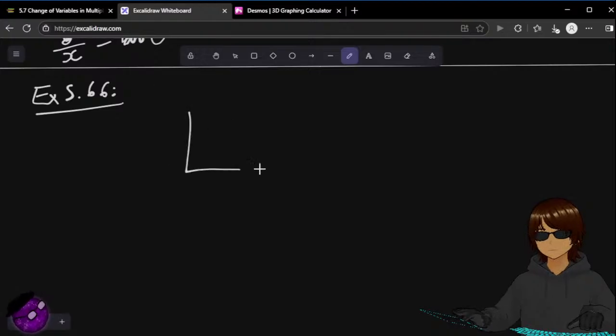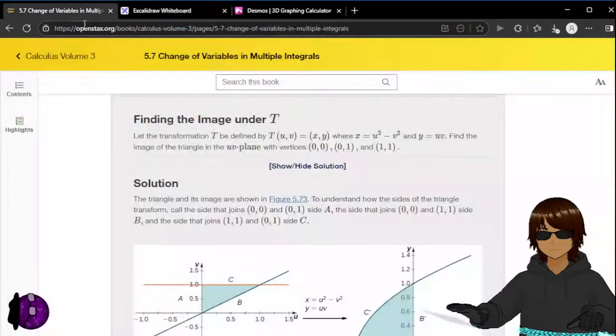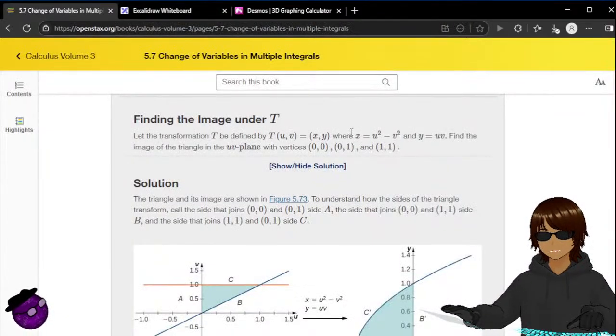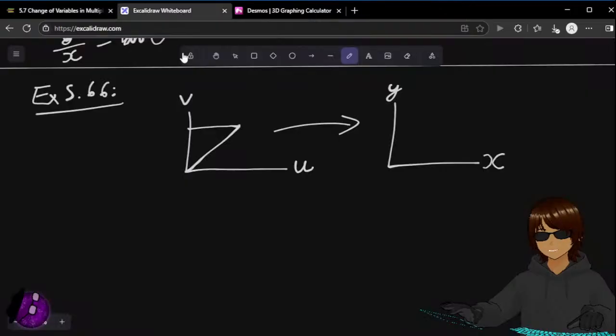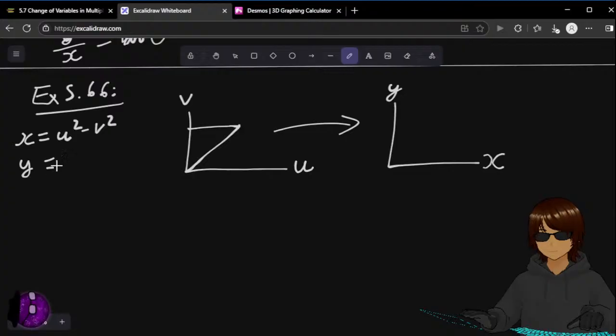U, V: 0, 0, 0, 1 and 1, 1. You want to find how it looks in the xy plane. x is equal to u square minus v square. y is equal to uv.